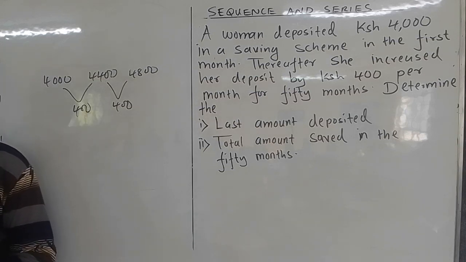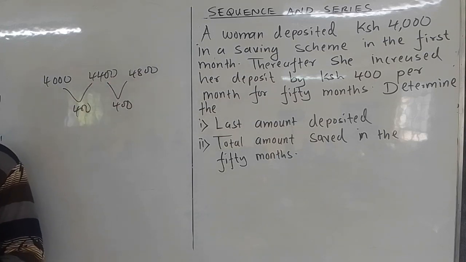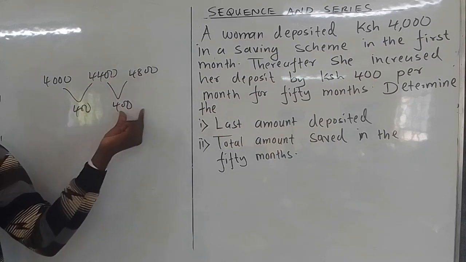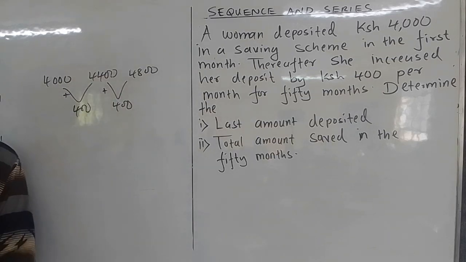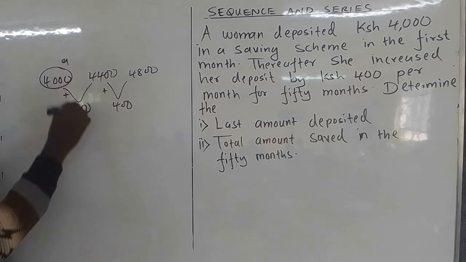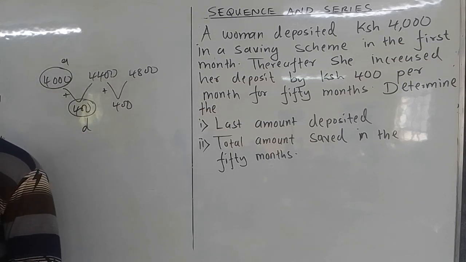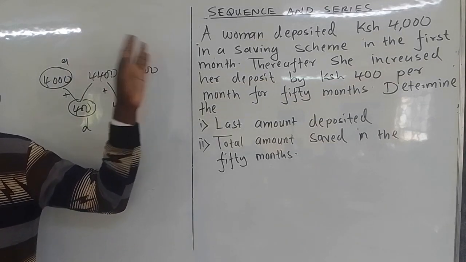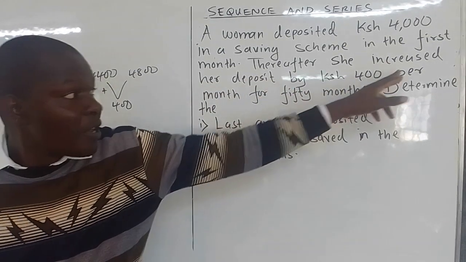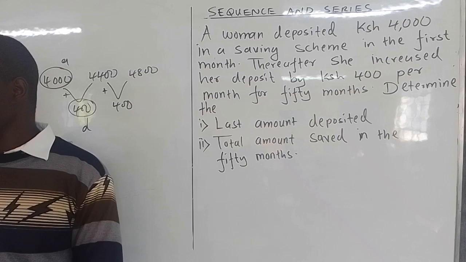Are we together? So you can see, this is a case of an arithmetic progression. There's a common difference. It uses a specific addition sign. So we have the first term A and the common difference D. At the end of this month, this is the amount in the account plus 400 every month, for 50 months.